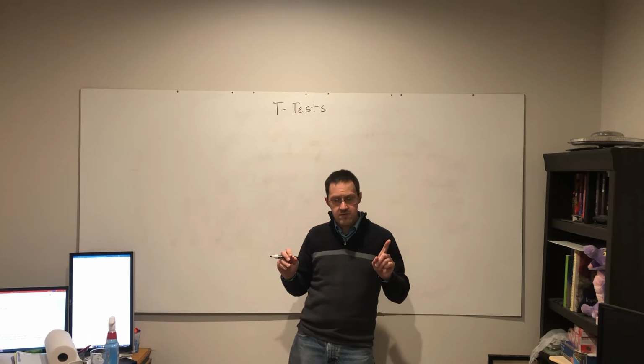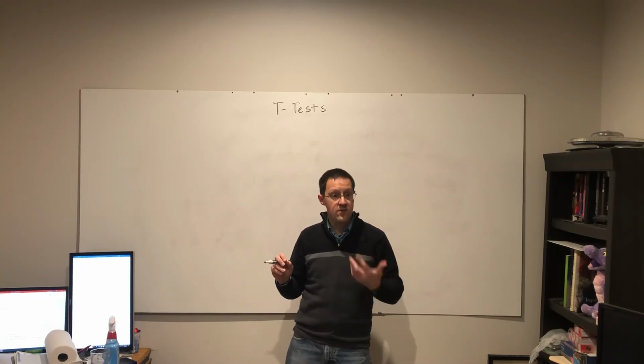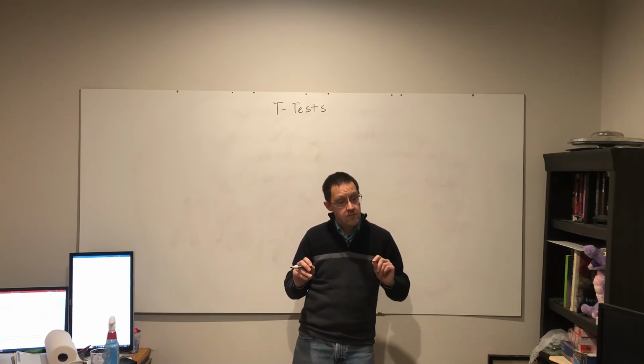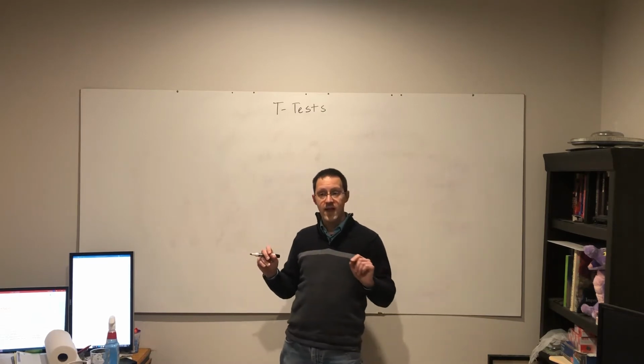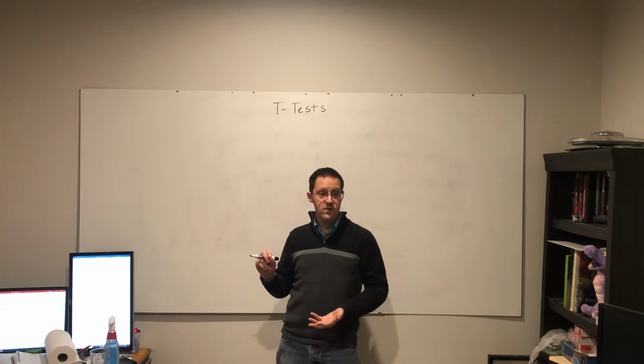And it can be easily confused with the z-test because each of them only has one distribution, one set of data. But whereas the z-test is looking at a single data point, does it fit in with the rest of the distribution?